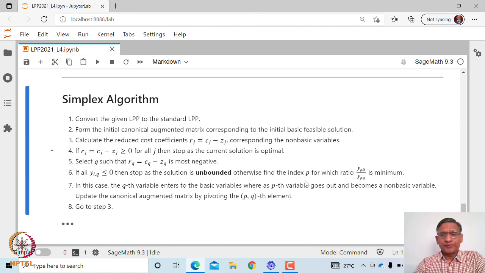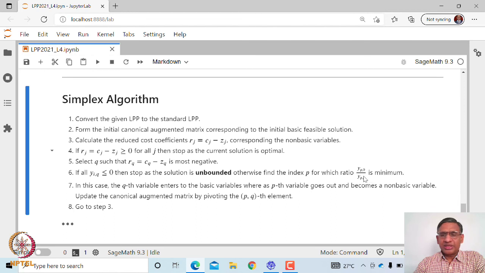Otherwise, in case some of them are positive, then you find the ratio yp0 upon ypq for which the ratio is minimum. So find that ratio which is minimum.